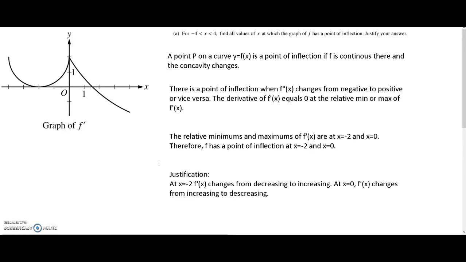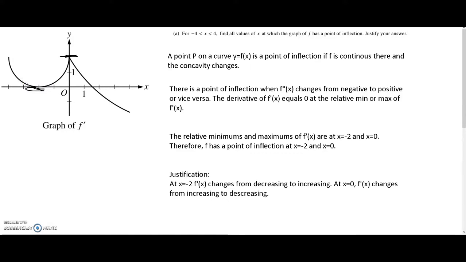The relative minimums and maximums of f prime of x are at x equals -2 and x equals 0. Therefore, f has a point of inflection at x equals -2 and x equals 0.